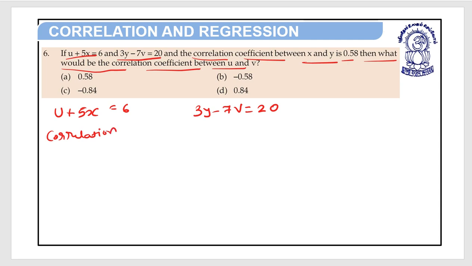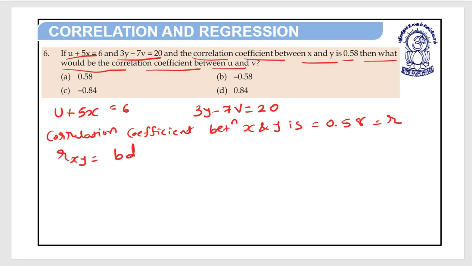Correlation coefficient between x and y is equal to 0.58, which is r. So here rxy is equal to bd upon mod b mod d ruv.